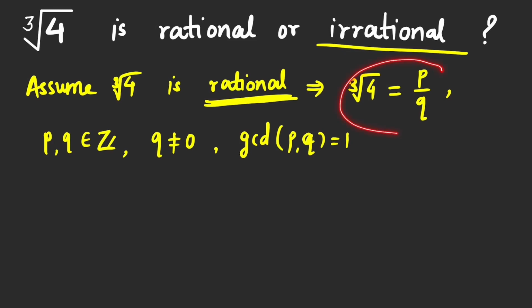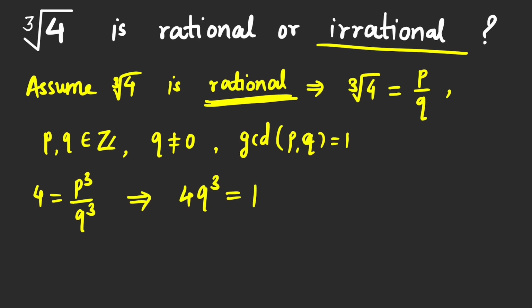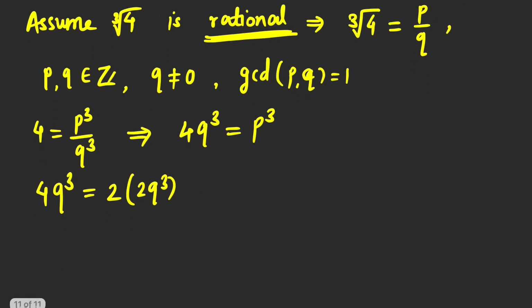Now let us cube both sides of this equation. So we get 4 is equal to p cube by q cube. So this gives us 4 times q cube is equal to p cube. And now we can write 4 times q cube as 2 times 2 q cube, which is 2 times something.